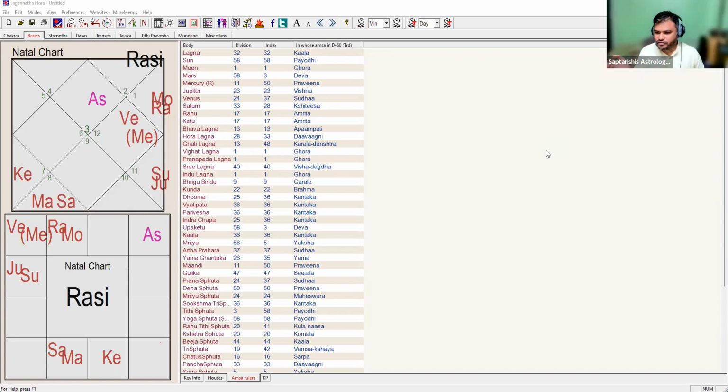This is a contribution of Agastya Rishi. We know the text in Tamil language of Agastya Rishi, but we don't know the text in the northern language of Agastya Rishi. There are different texts in it.